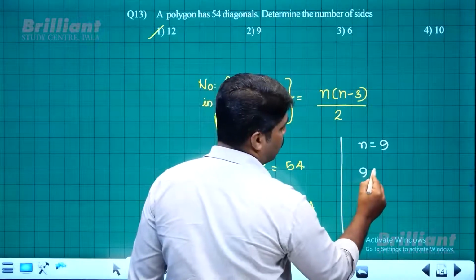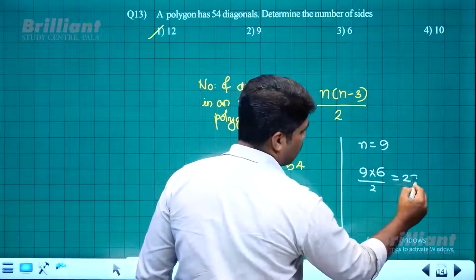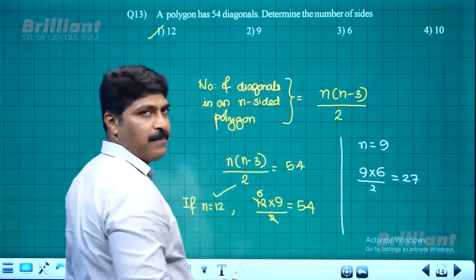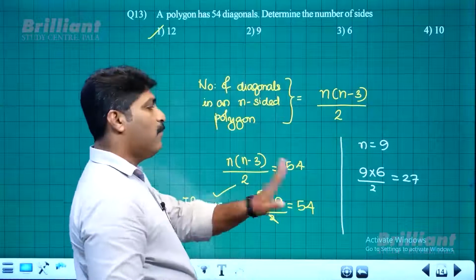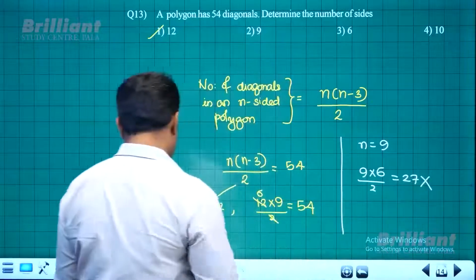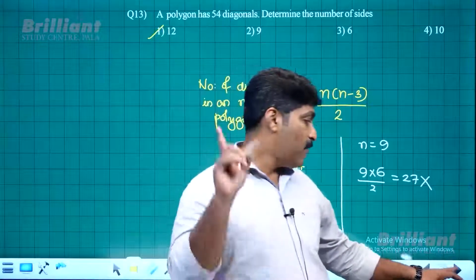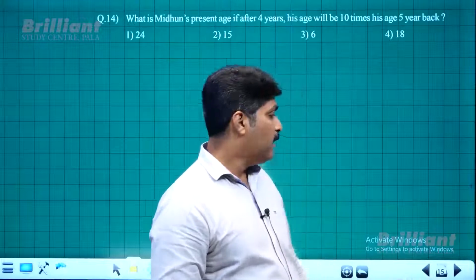This is n into n minus 3 by 2, so you will get 27. It's not matching with this one. Therefore, this is not the answer. So this substitution method will help save your time. First of all, you have to learn that result by heart.